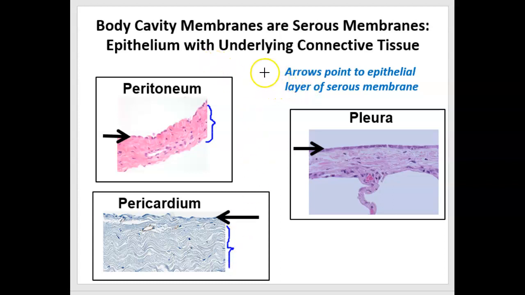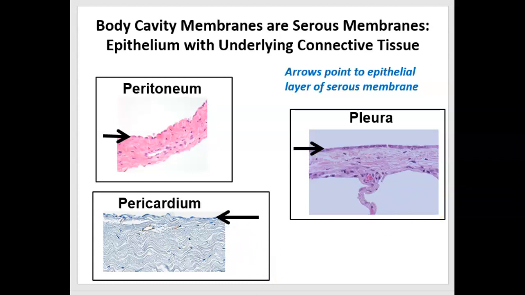These arrows that you see are pointing to the epithelial layer that makes the serous fluid. Beneath that layer is the connective tissue, and you can see it's kind of extensive. So this is lung here, an alveoli.